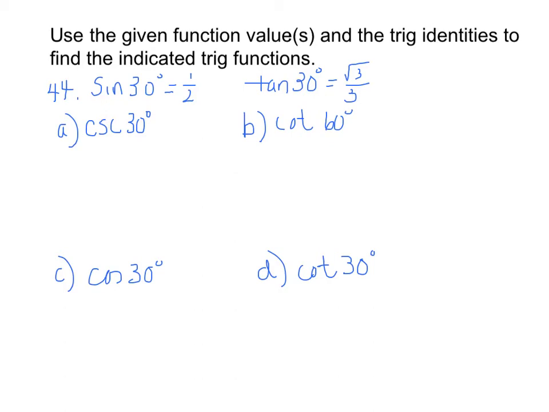The next type of problem that we're going to look at is one where we're given some information and we're using what we know about the trig identities, like the reciprocal functions and SOHCAHTOA, to find the indicated trig functions. Okay, so we're given that the sine of 30 is 1/2 from the unit circle. That's not a big surprise. That's the sine of pi over 6.